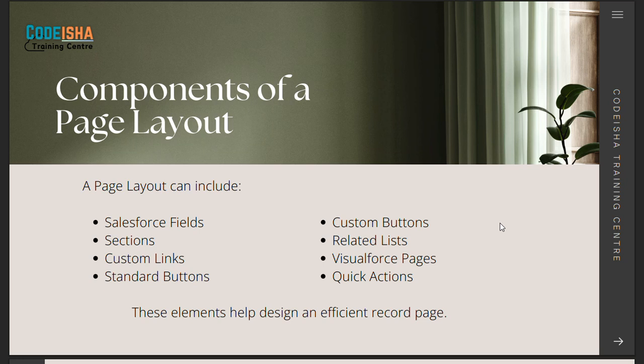These elements help design an efficient, user-friendly record page, and it looks very beautiful when we add them as per our requirement. We don't need unnecessary fields, tabs, sections, or buttons. We add only what is necessary for our business requirement and based on profiles.